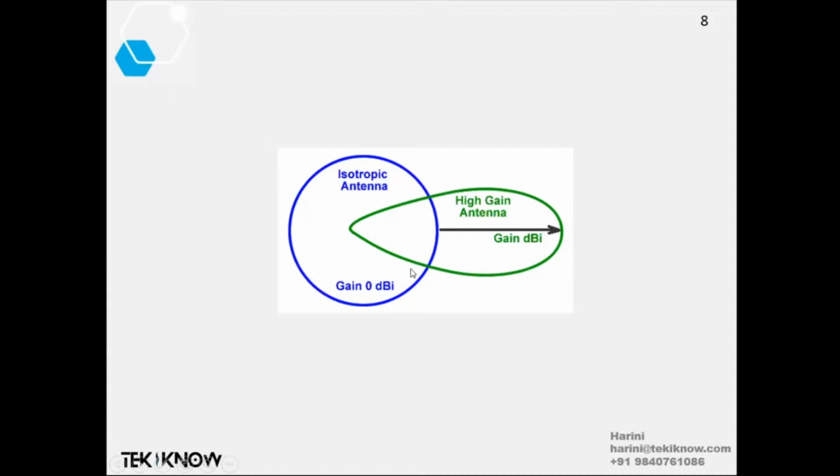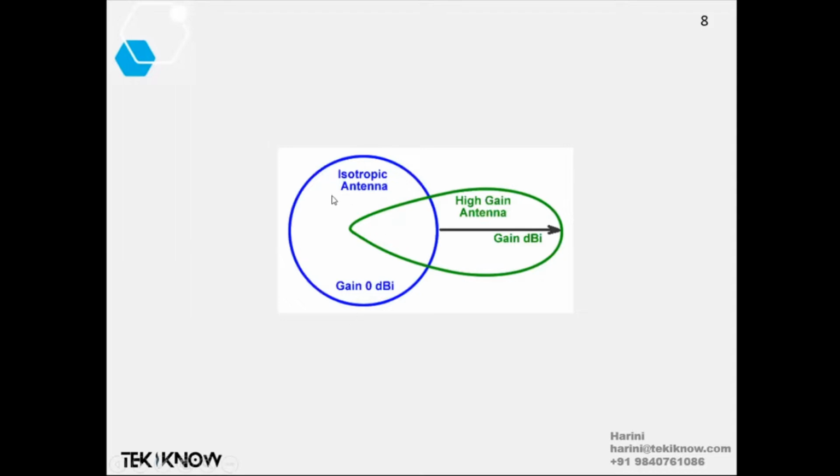If you design an antenna, it will radiate in one direction or bidirectionally or in n directions, but an isotropic antenna will radiate equally in all directions. That is not possible to design, so it is taken as a reference antenna.